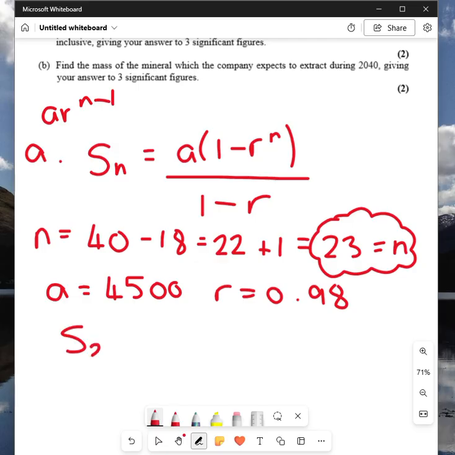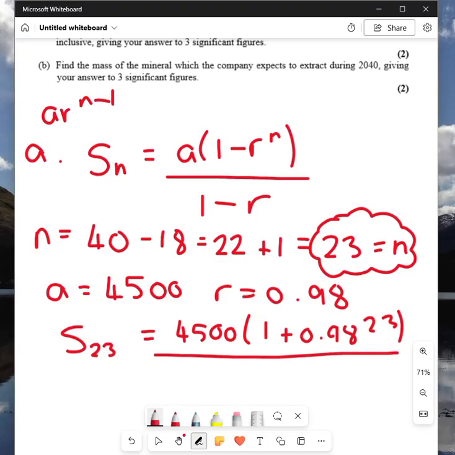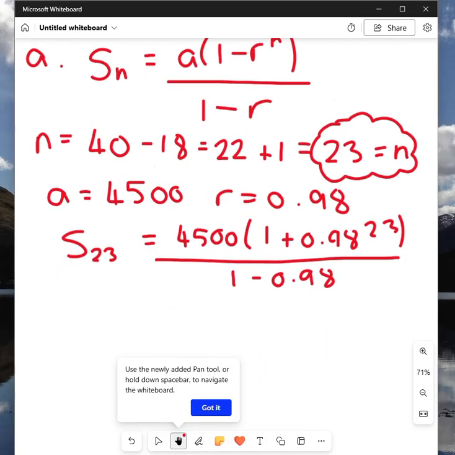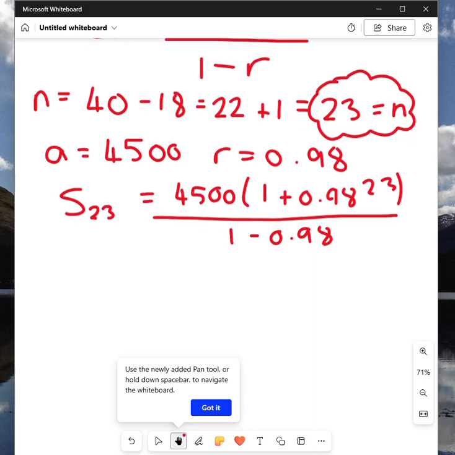So the sum of the first 23 terms is going to be 4,500 times (1 minus 0.98 to the power of 23), all over 1 minus 0.98. And then we just put that in on our calculator.